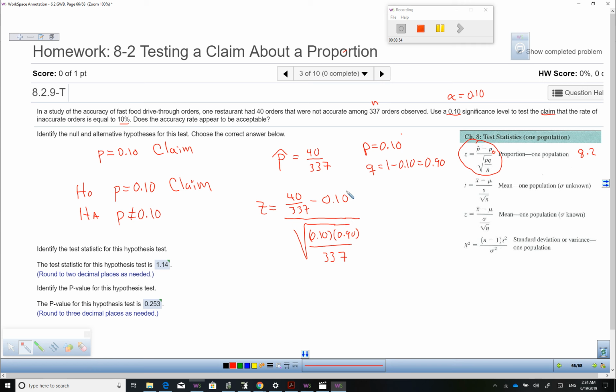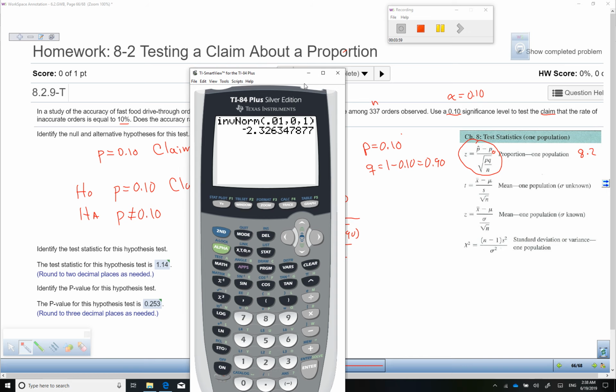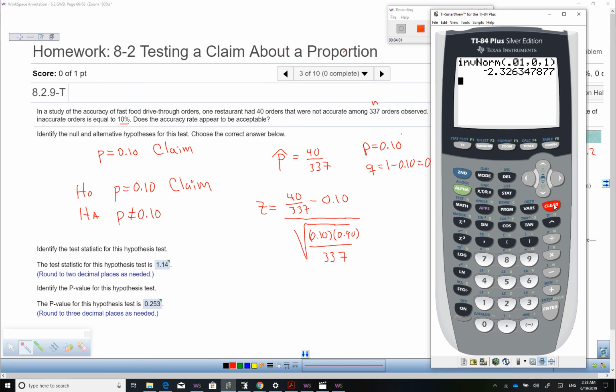I'll show you how to get all this done with a shortcut on the calculator, but let's do that first here. Let's perform the numerator, which is 40 over 337 minus 0.10, enter.